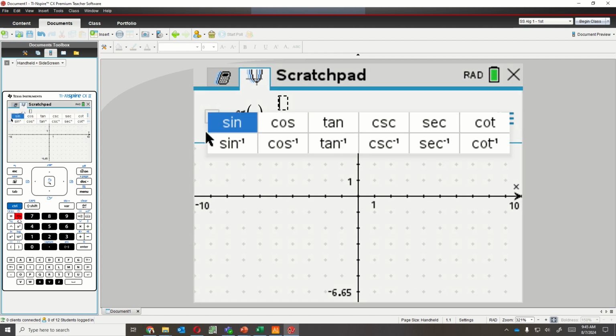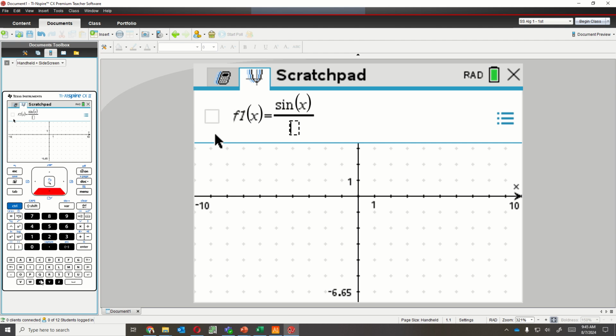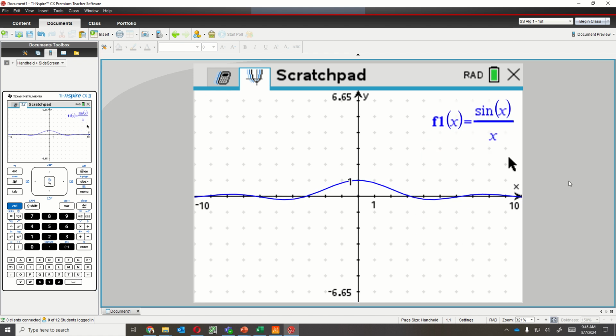I hit the trig button right here, the trig button right below control, sine x, close, over x. And this is where a lot of people have trouble.